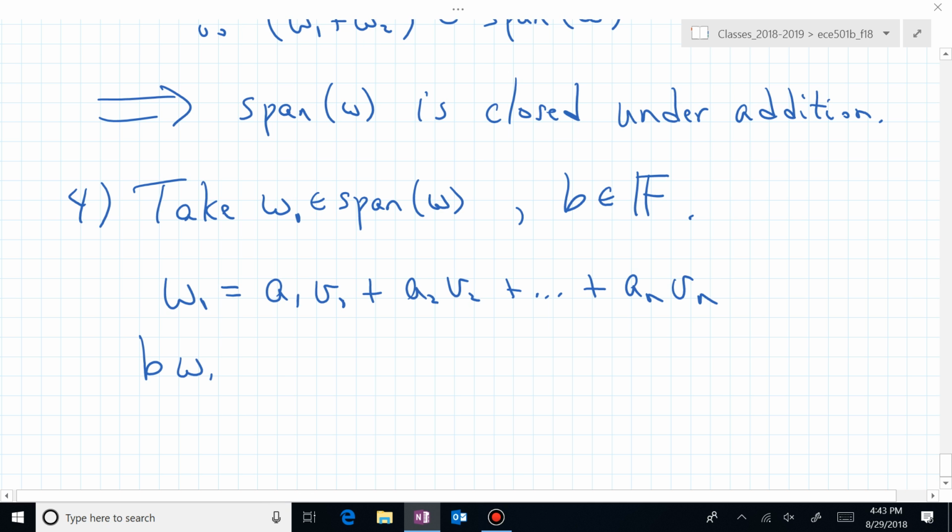And B times W1 is just B A1 V1 plus B A2 V2 and so on up to B A sub n V sub n.